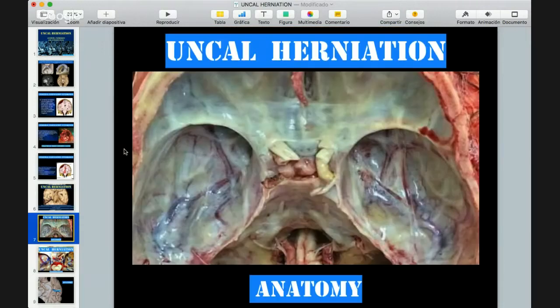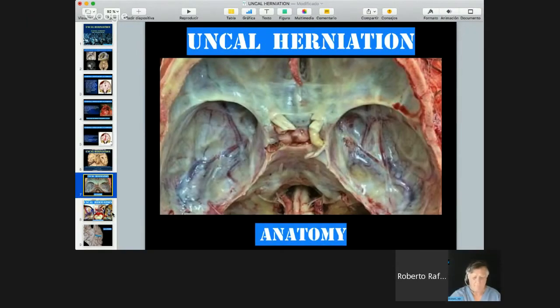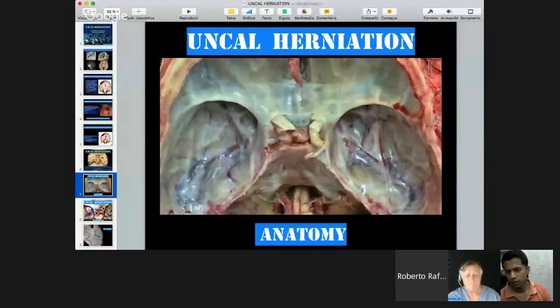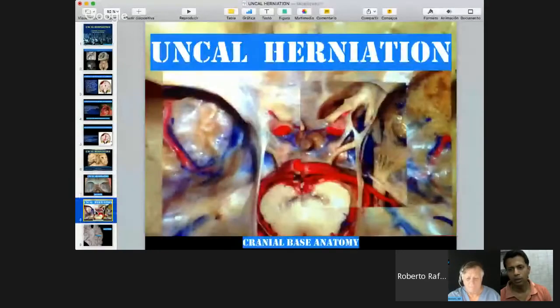It is very important to know the anatomy of the cranial base. This is the middle fossa, where most of the pathologies compress and produce the herniation of the hippocampus. Here you can see the free edge of the tentorium, and this is the third nerve, which is compressed in this kind of herniation.